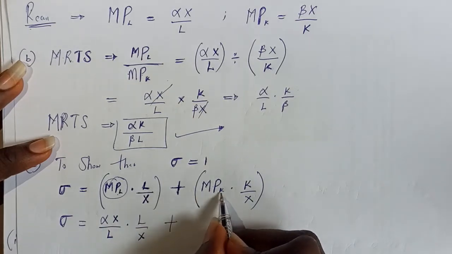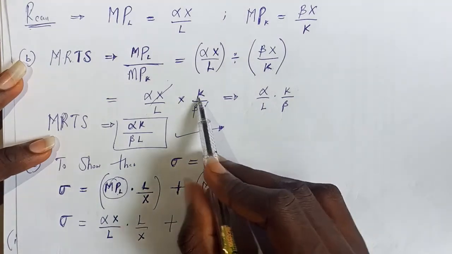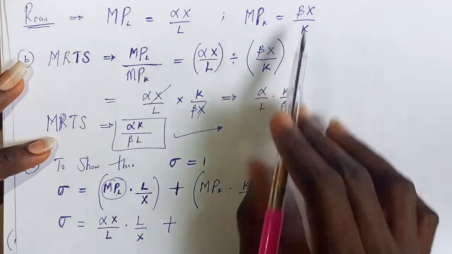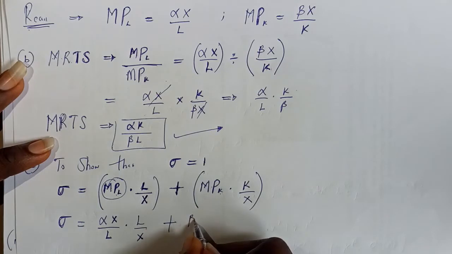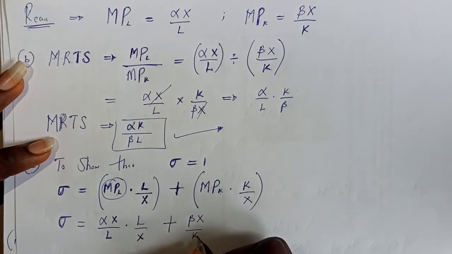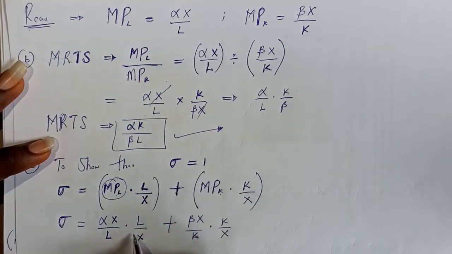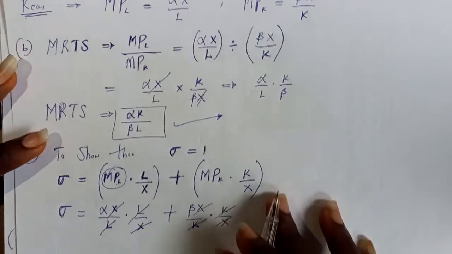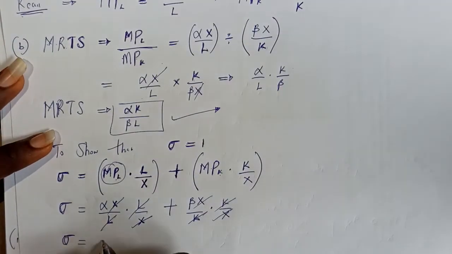I have my MPK as beta x over k, and then I have it times k over x. Now this cancels this and this cancels this, k cancels k and x cancels x, whatever I have left now is just alpha plus beta.